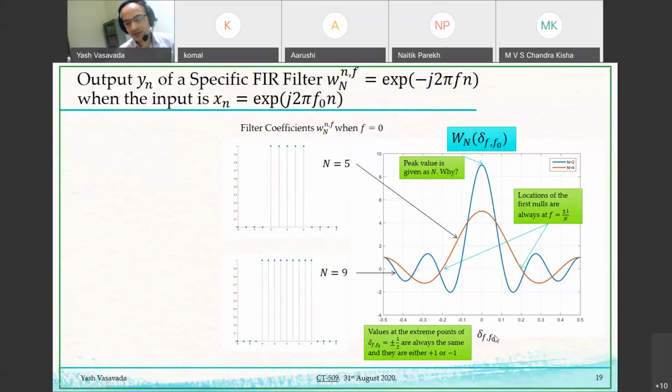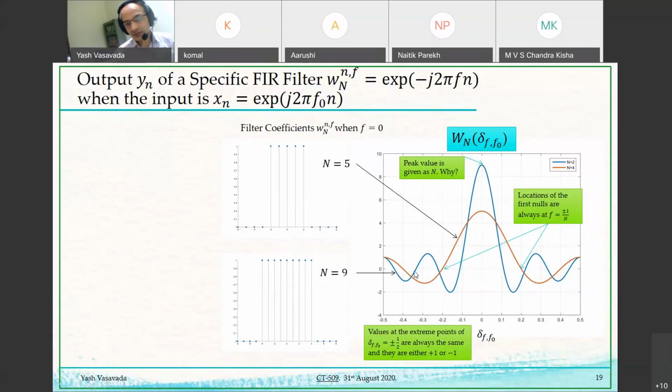F naught is the incoming signal frequency, and f is the filter frequency. So let us say that the incoming signal frequency is 0.05 away from the filter frequency. In that case, our filter will still register a pretty strong output. It's almost as good as if it was matched. Maybe just a 10% reduction, or 20% reduction.